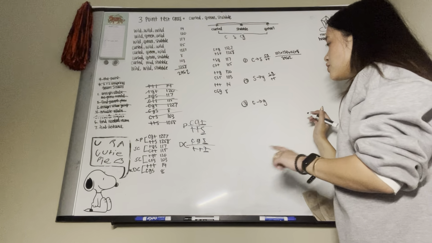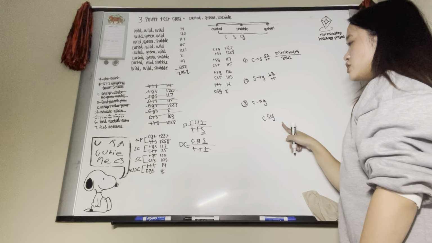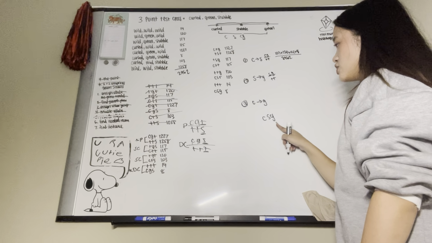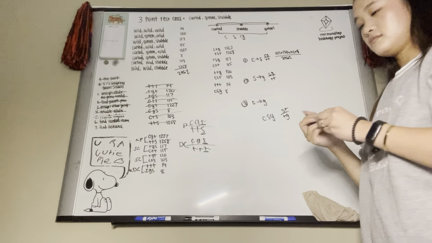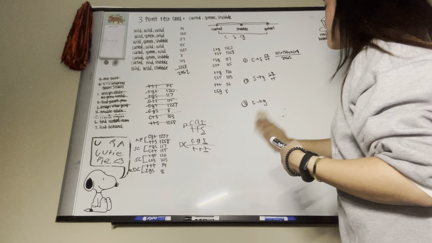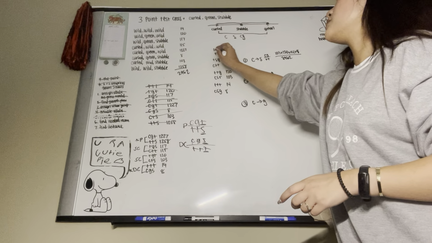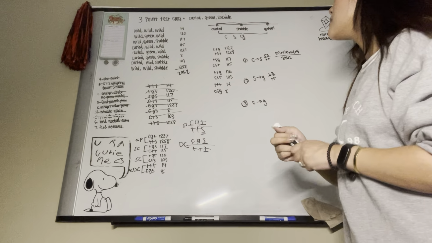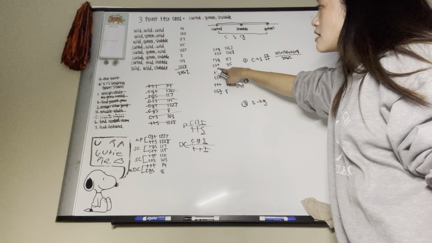Now, if the parents were CSG and you're trying to find the difference between S and G, you would be looking for S plus and plus G. But this problem is not like that. In this problem the parents were plus and G, so you're looking for SG and plus plus. Where can you find SG and plus plus? Right here.